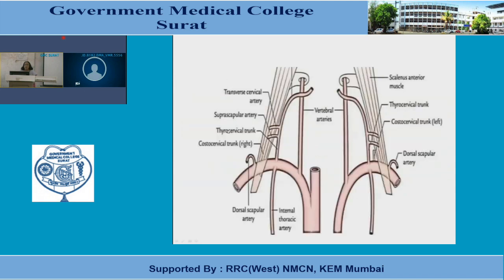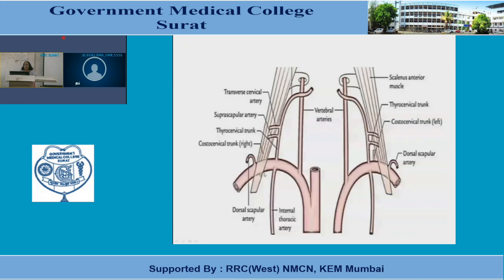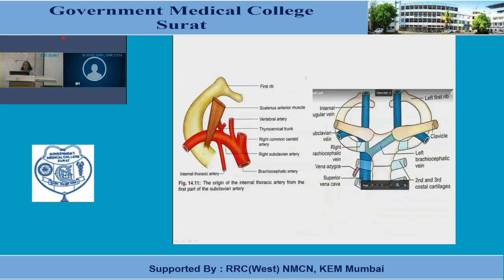It is medial to the scalenus anterior muscle, and is crossed anteriorly by the brachiocephalic vein before reaching the first rib. You can see here the brachiocephalic vein visualized in the given diagram. On the right side of the diagram, you can see the veins above going to constitute and form the brachiocephalic vein.